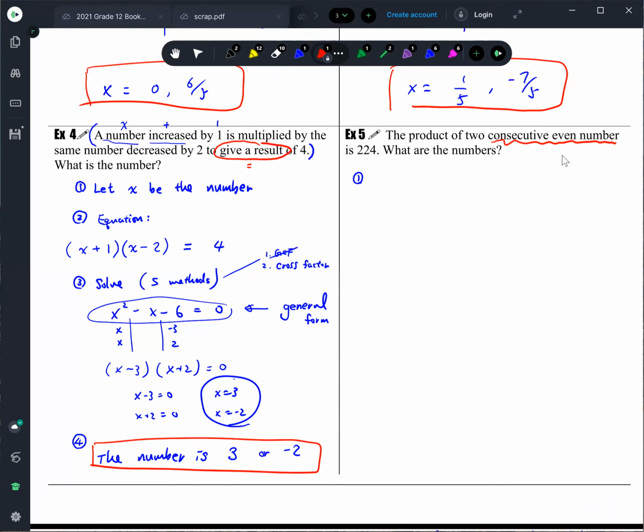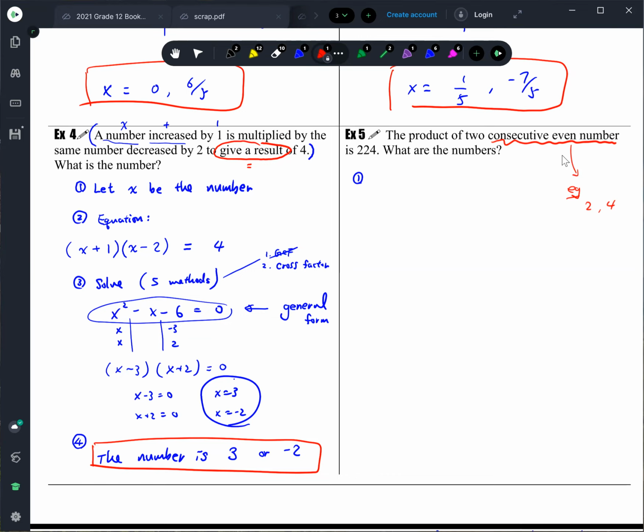Consecutive even numbers are even numbers that come directly before or after each other. So like in a sequence. For example, like 2 and 4. Yeah, very good. So example 2 and 4. So those are consecutive. So it says product, right?